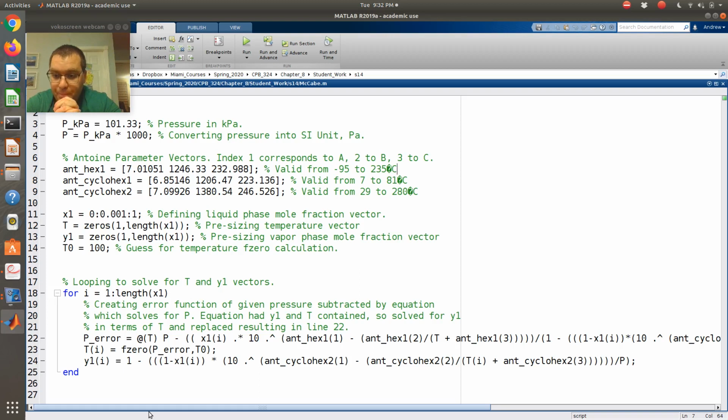All right. So my system of equations is y1P is equal to x1 P1 sat, and y2P is equal to x2 P2 sat. So if I add them together, I get that P is equal to x1 P1 sat plus x2 P2 sat.